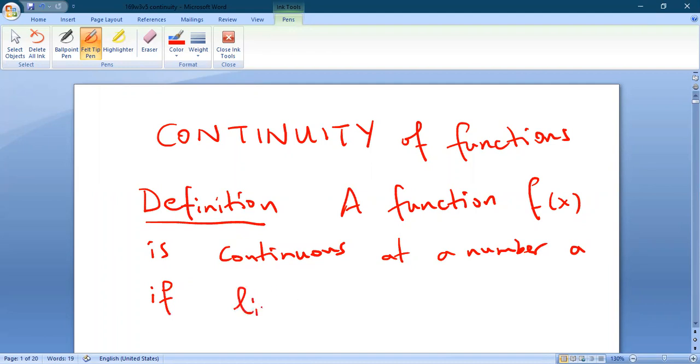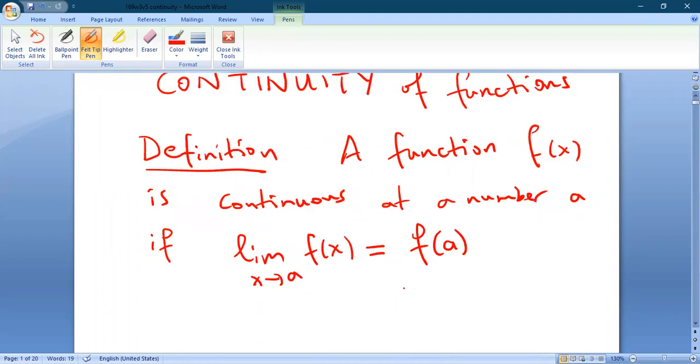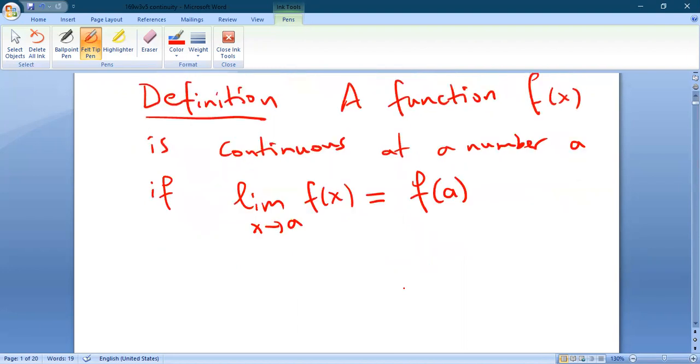So if the limit of the function when x goes to a is equal to f of a, then the function is called continuous.